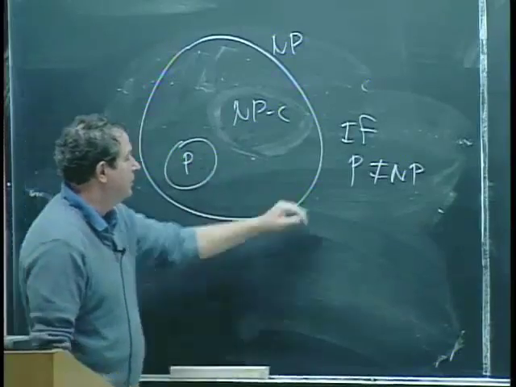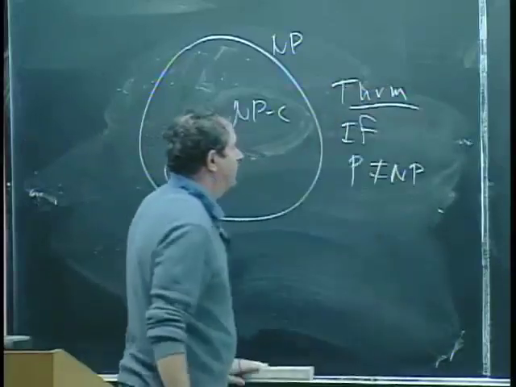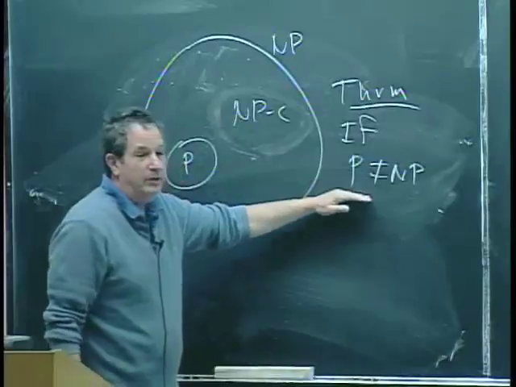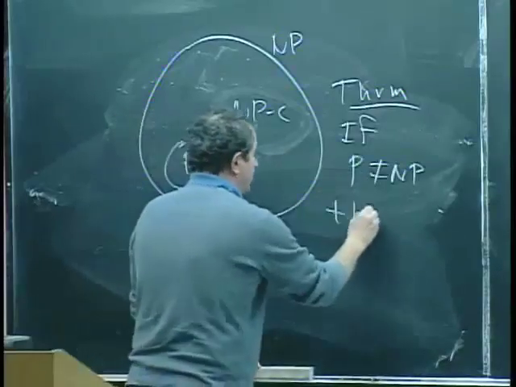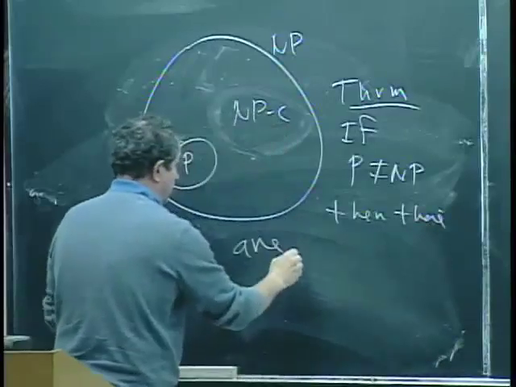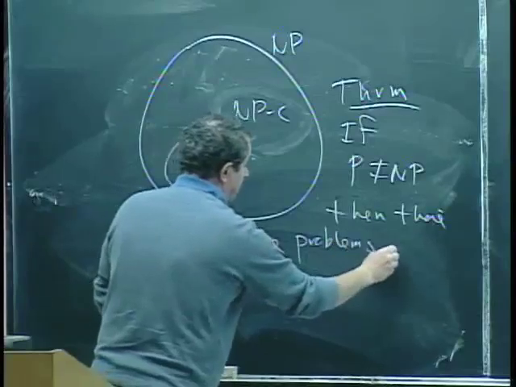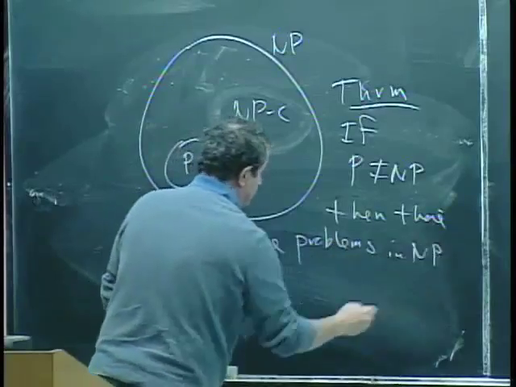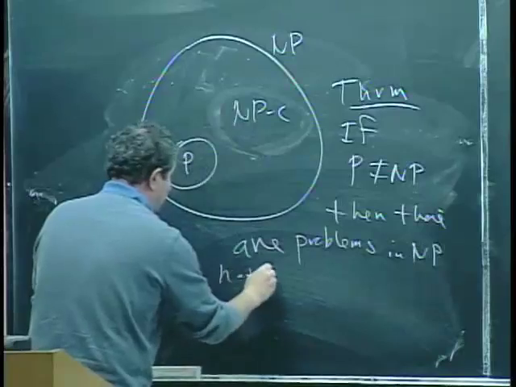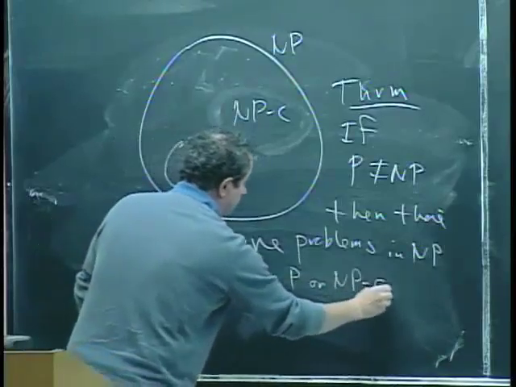It's known. This is a theorem, also proven early on in the 1970s. If P is not equal to NP, then there are problems, or languages, in NP, not in P or NP complete.